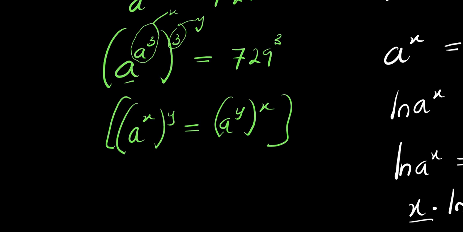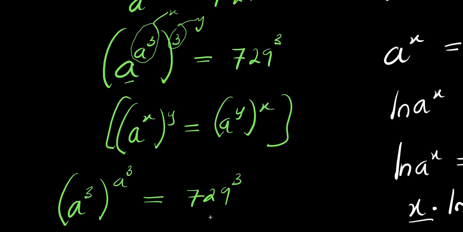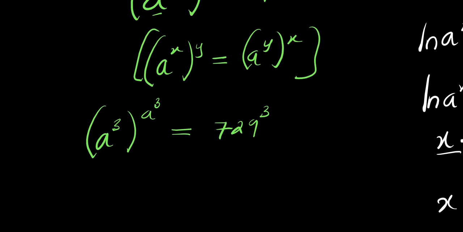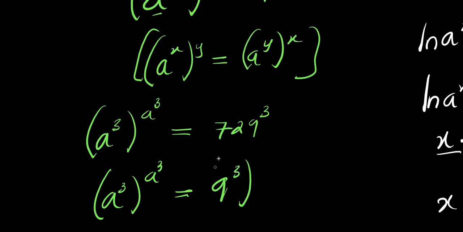So that means we are simply going to have a power 3 to the power of a power 3 equals 729 power 3. So from here, we have a power 3 to the power of a power 3 equals 729, which is simply 9 power 3 to the power of 3.